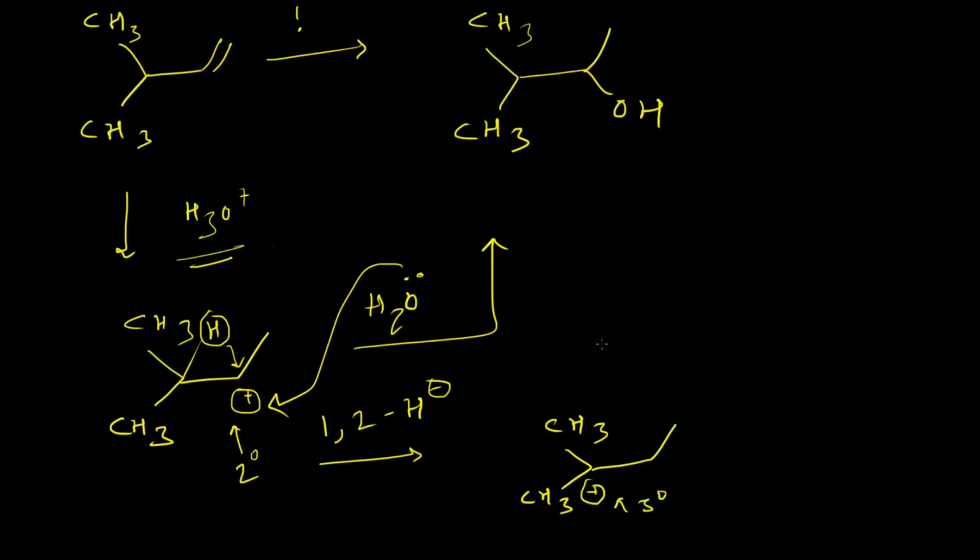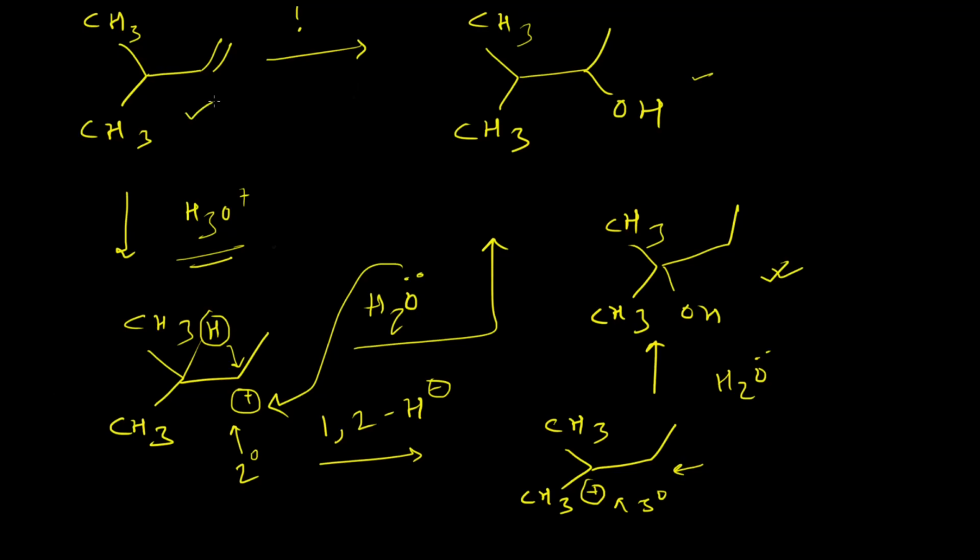So it will obviously undergo a carbocationic rearrangement and the product will be this one. After the formation of this 3 degree carbocation, water will eventually attack this carbocation center and this product will form. So we are not getting our desired product if we treat this alkene with aqueous acidic solution.